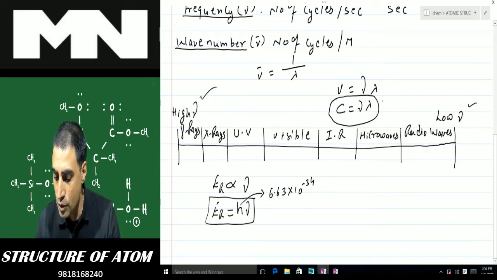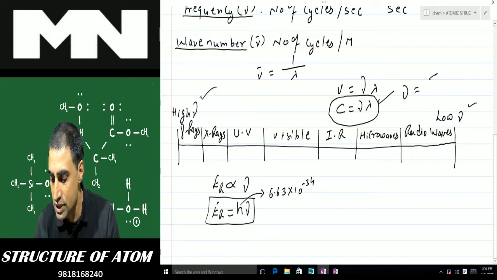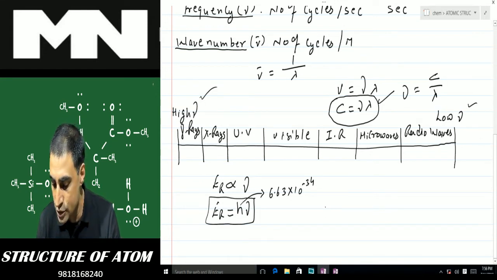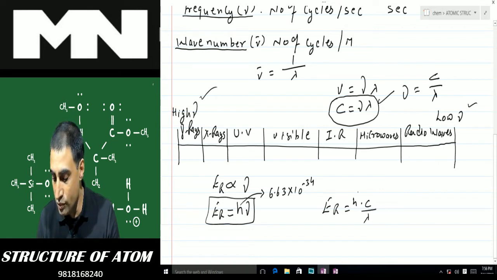From this we can see that nu is equal to c by lambda. So it may also happen that you will be given wavelength and asked the energy. In that case, energy of radiation is equal to h into c by lambda. Now we know the value of h and the value of c.